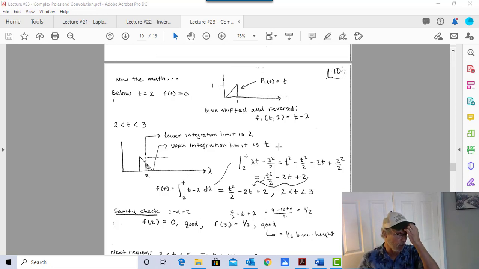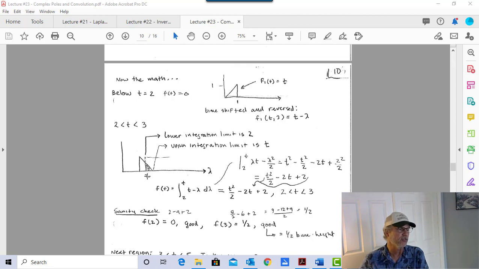Okay, so let's set up our integral. And here it is. We know that our rectangle function is just a 1 between 2 and I think 5 or whatever it was. It's just 1. So the way I'm going to accommodate that, the way I'm going to get this shared area, is I'm going to set my lower integration limit on the lambda axis to 2.